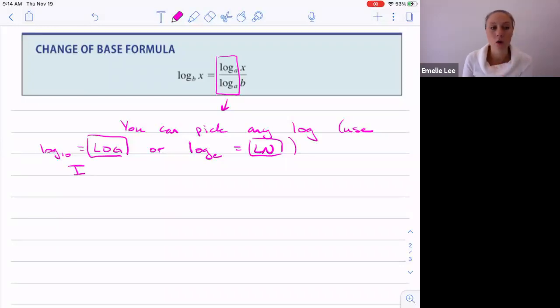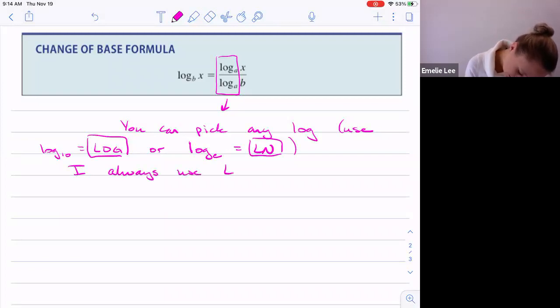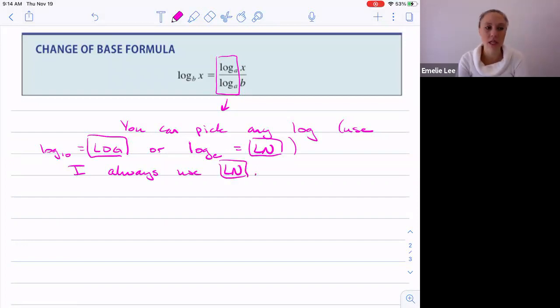I always use the natural log. That's just a side note. But as long as you're consistent, you can pick anything, but you should use log base 10 or log base e if those are the only buttons that you have.